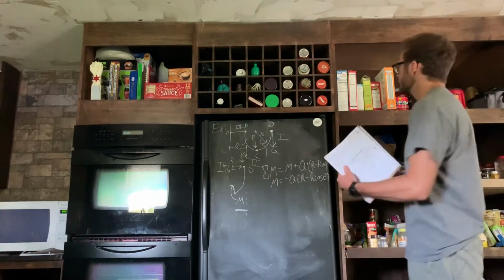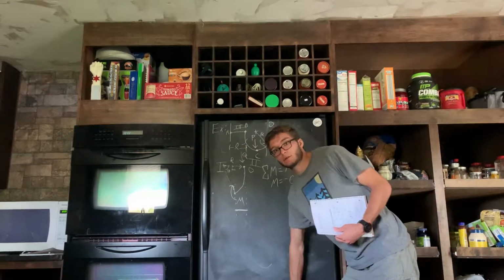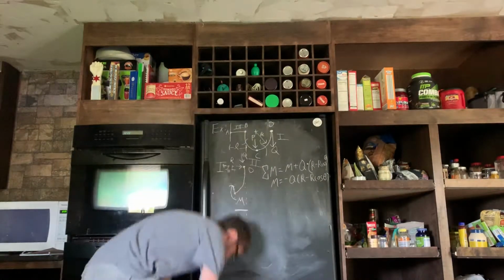Now for piece 2, where do you write this? I don't know if you can see, but I've got more room down here. I'm just going to put all my moments down here.